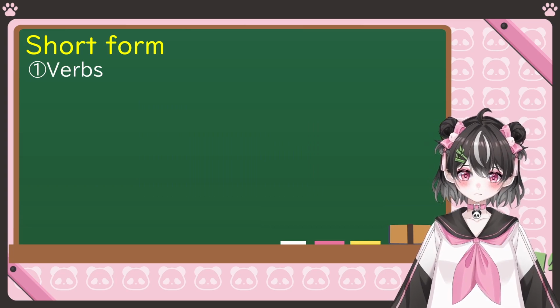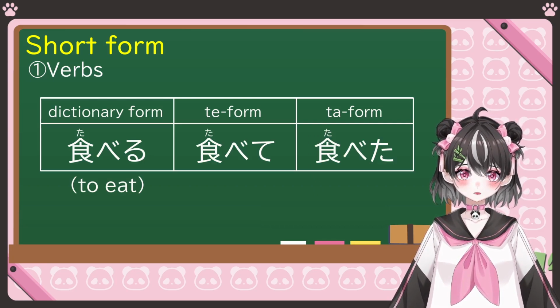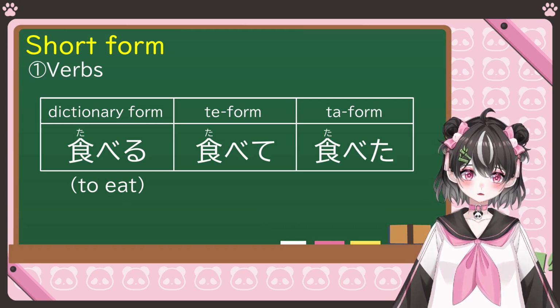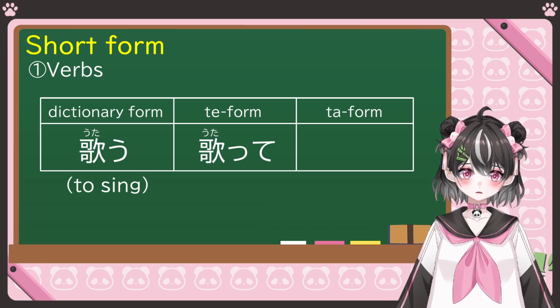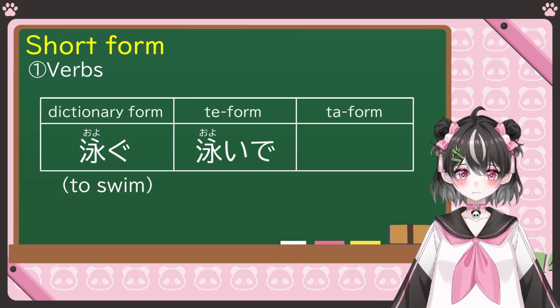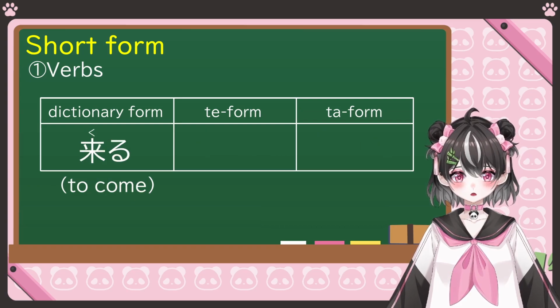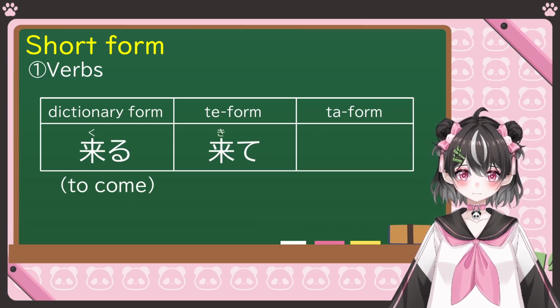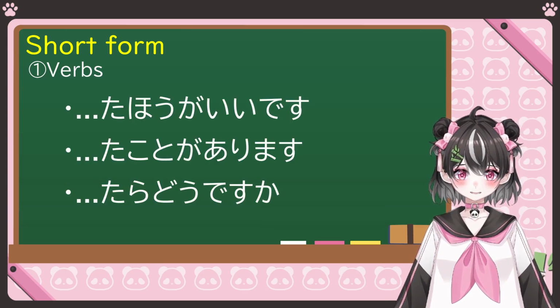Let's look at some examples. 食べる、食べて、食べた、歌う、歌って、歌った、泳ぐ、泳いで、泳いだ、来る、来て、来た。You may have already guessed, but this ta form is also used in some grammar patterns.